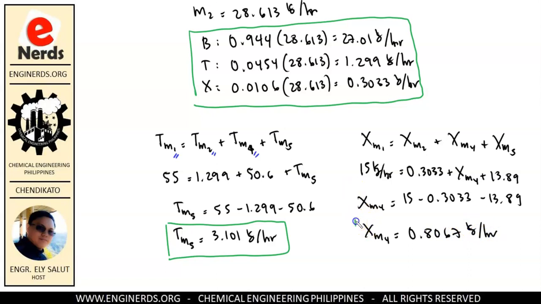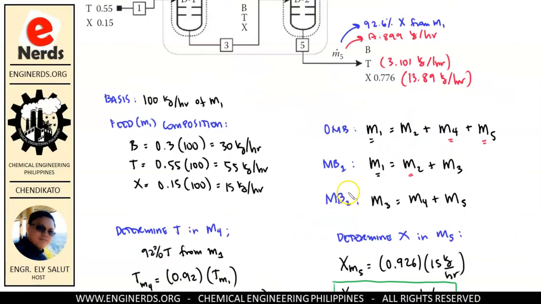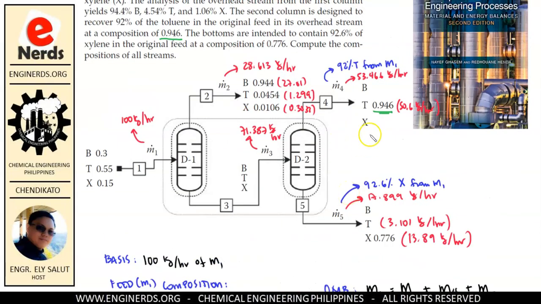Okay, so I'll just box this out. So our answer for X in M4 is 0.8067 kilogram per hour. Okay, so now let us determine itong components natin sa M3.